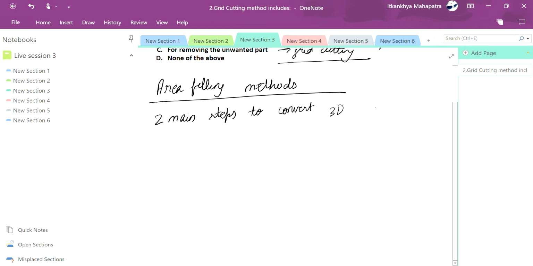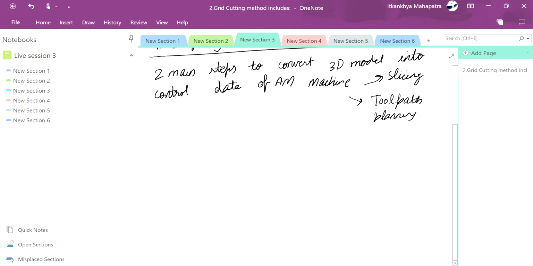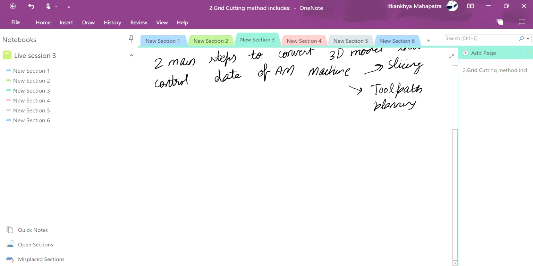One is slicing and another is tool path planning. Slicing we had already discussed in the previous class, in the previous lectures. So today we'll be discussing tool path planning.